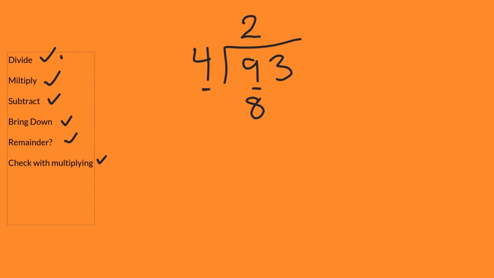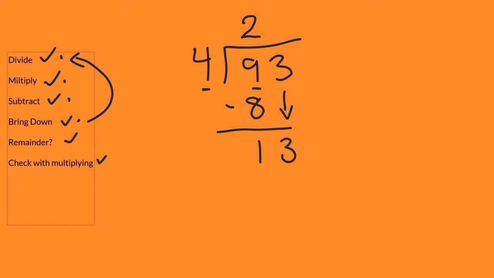So now we did the division, we did the multiplication, and now we subtract, which is the next step. 9 minus 8 is 1. Now we bring down, which is the 3. And then we start back at the process again. How many times does 4 go into 13?